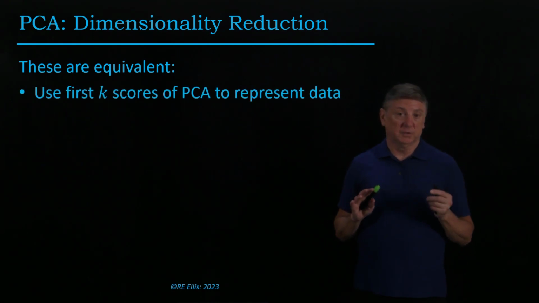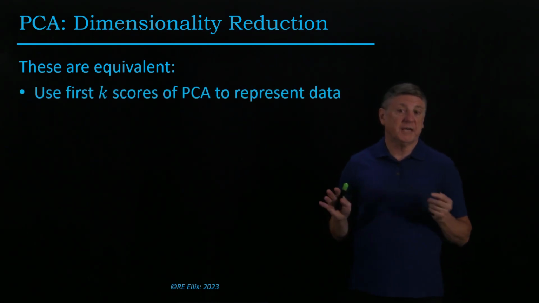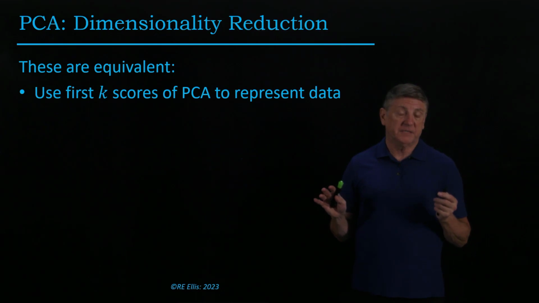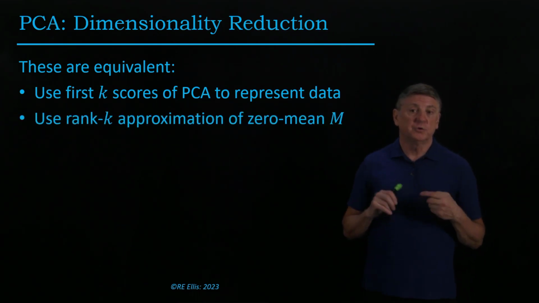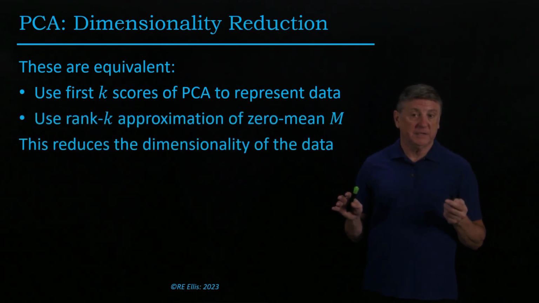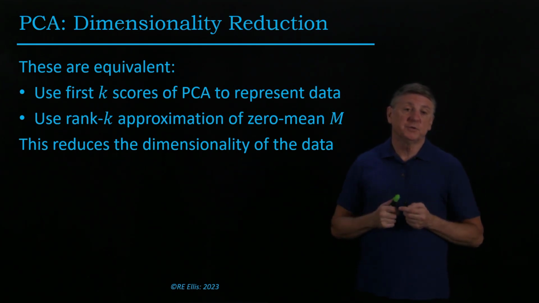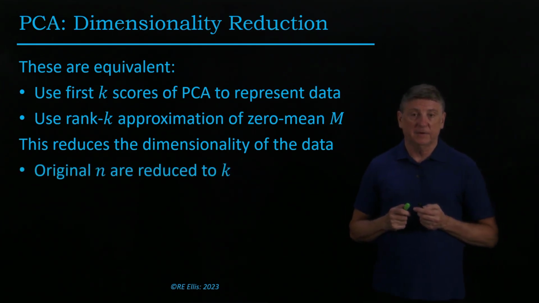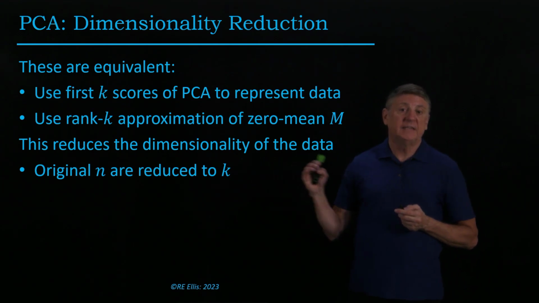These turn out to be equivalent statements. You can use the first k scores of the data from PCA to represent your data. You can use a rank k approximation of your zero mean data. Either way, this reduces the dimensionality of the data that you have. It takes it from the original n down to k.